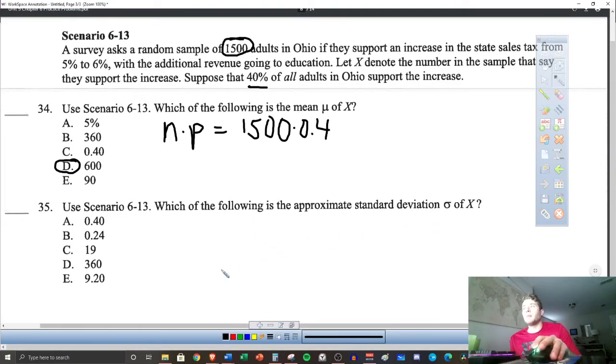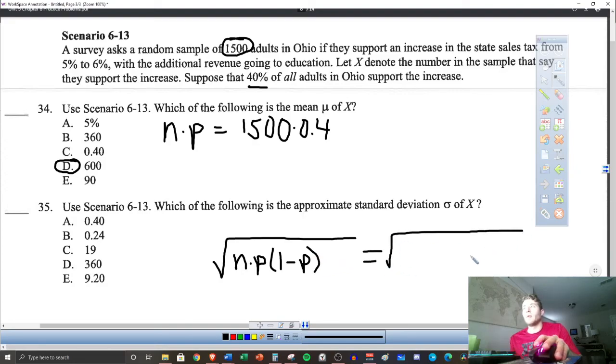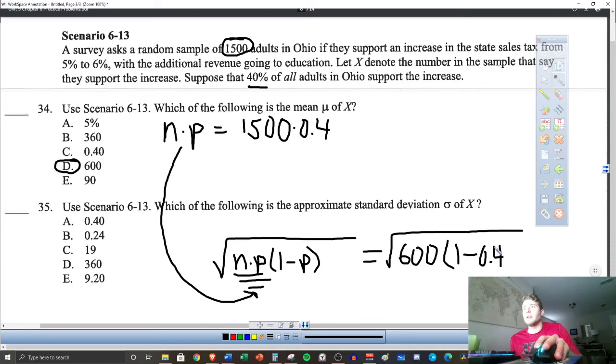Next, which of the following is the approximate standard deviation? Well, it's the square root of n times p times 1 minus p. Again, pretty straightforward formula. We already know that n times p is 600, right? We already got that. So it's 600 times 1 minus 0.4, which is the probability.